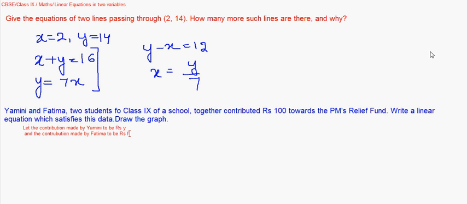So what does our equation look like? Whatever contribution they have made, that is equal to 100. That was a very simple linear equation to make.